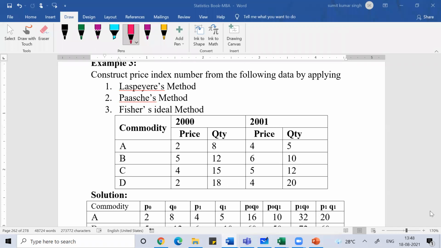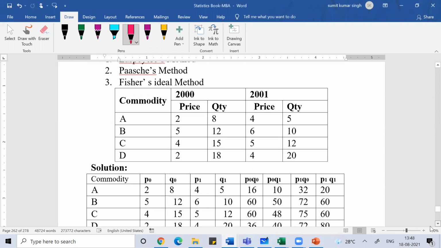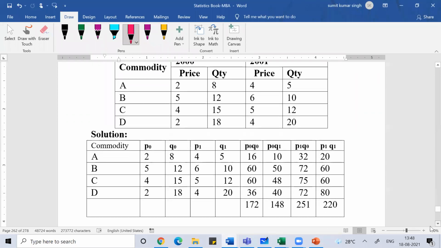Fine. So now we'll try to solve this question. You know that this is P naught, this is Q naught, this is P1, this is Q1.